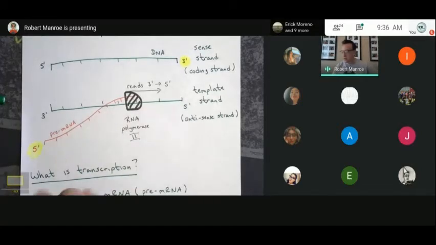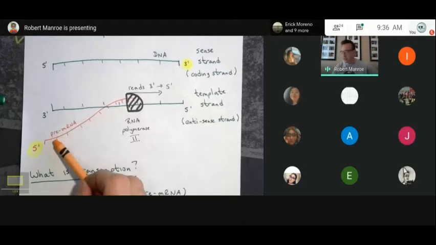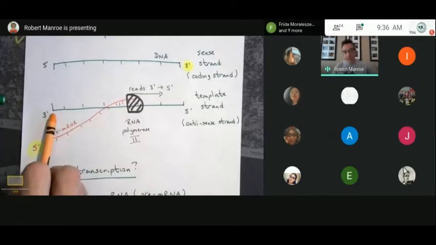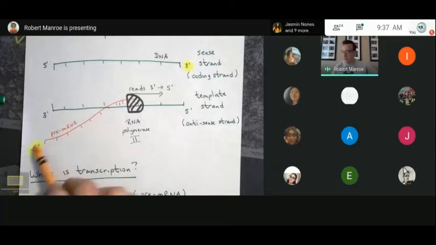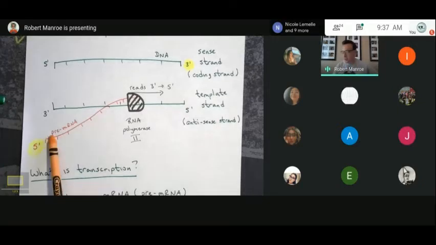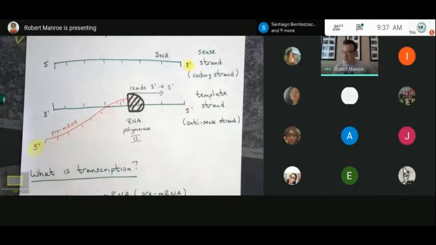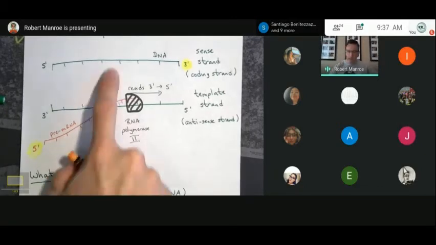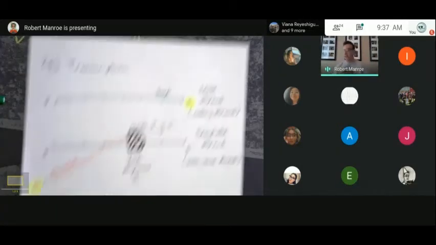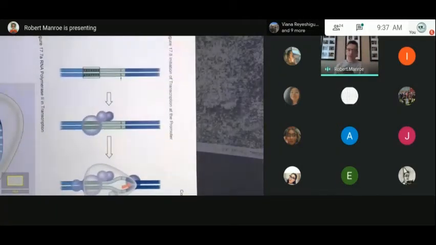The messenger RNA that is produced, since it's complementary to the 3' end, is synthesized from 5 to 3, which means on Thursday, when we talk about translation, we will put the ribosome here, and the ribosome will read the messenger RNA from 5 to 3, okay? So we're going to zoom in on these two strands of DNA with this image here. This is 17.8.